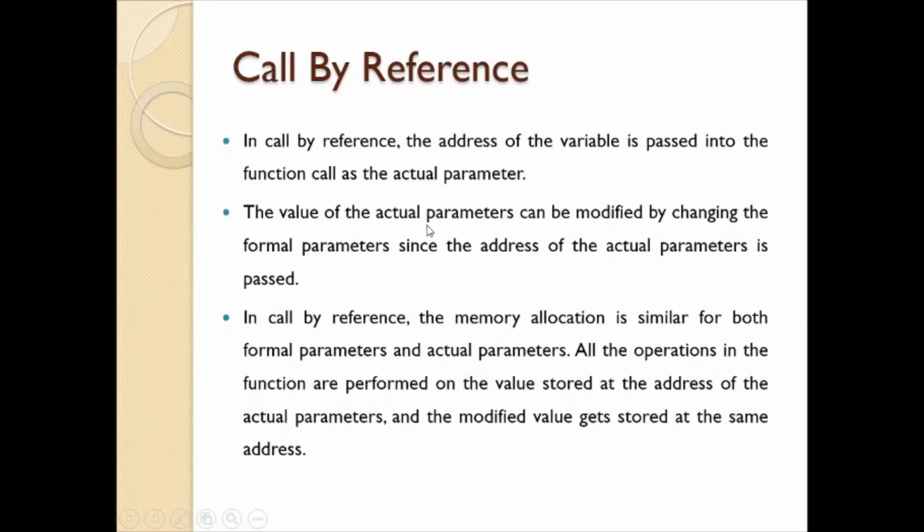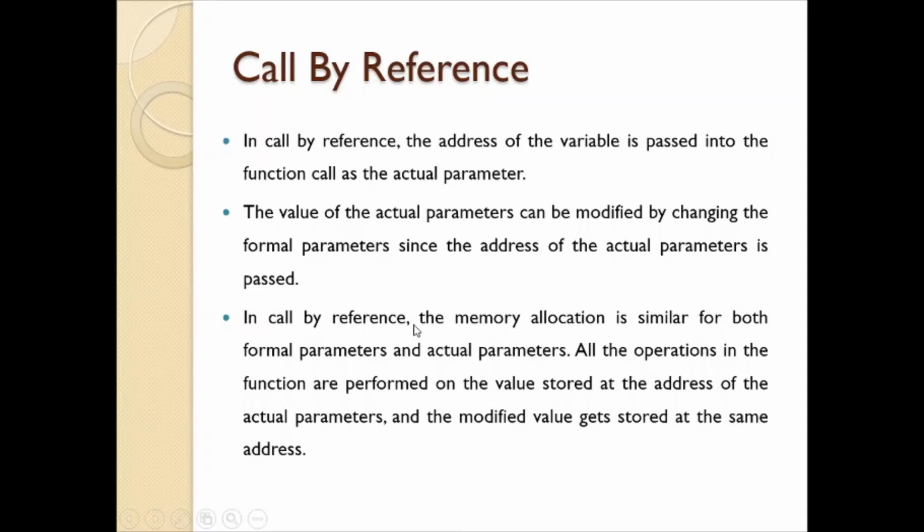The value of actual parameters can be modified by changing the formal parameter since the address of the actual parameters is passed. Here, by making use of formal parameters, you can change the actual parameter values as you are passing the address of actual parameters to the formal parameters.